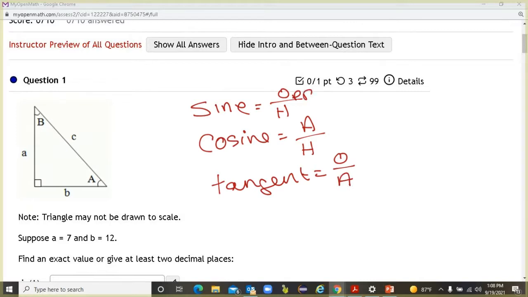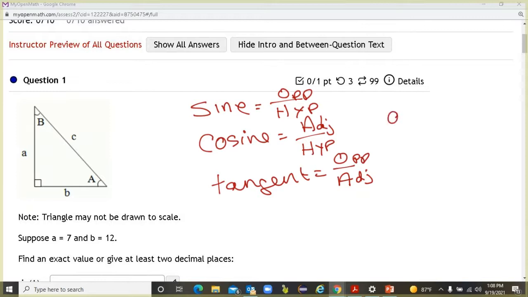All right, so that's opposite, hypotenuse, adjacent, hypotenuse, opposite, adjacent. And remember, the opposite and adjacent are based on whichever angle you're looking at, okay? Hypotenuse, of course, is always across from the right angle.